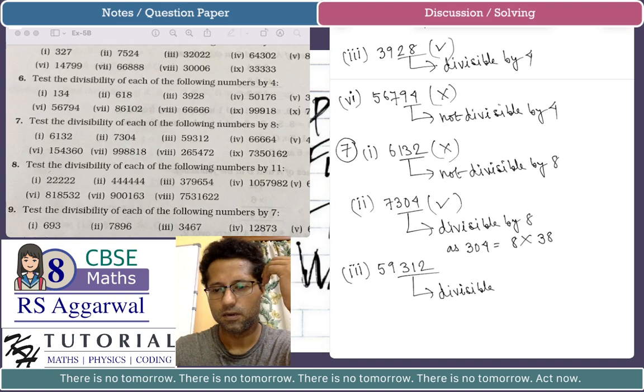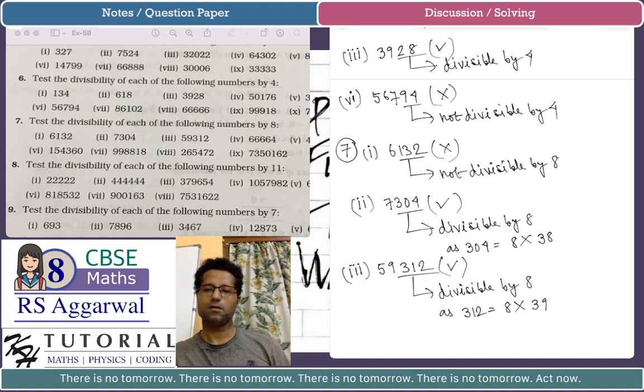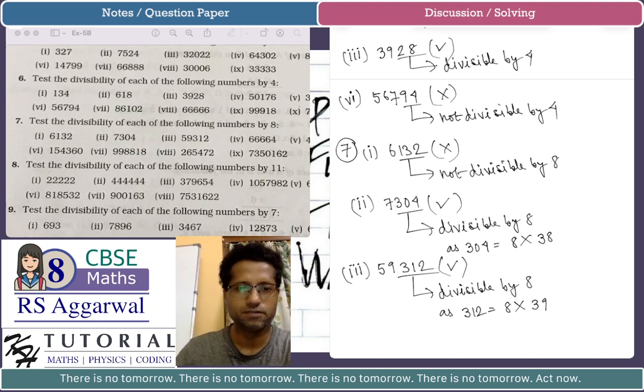Hence, the given number will be divisible by 8. Why? As we can see, 312 is equal to 8 multiplied by 39. So this number is divisible by 8.